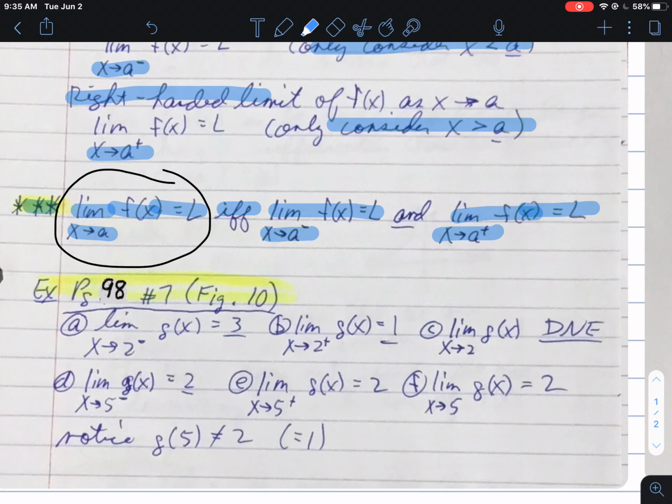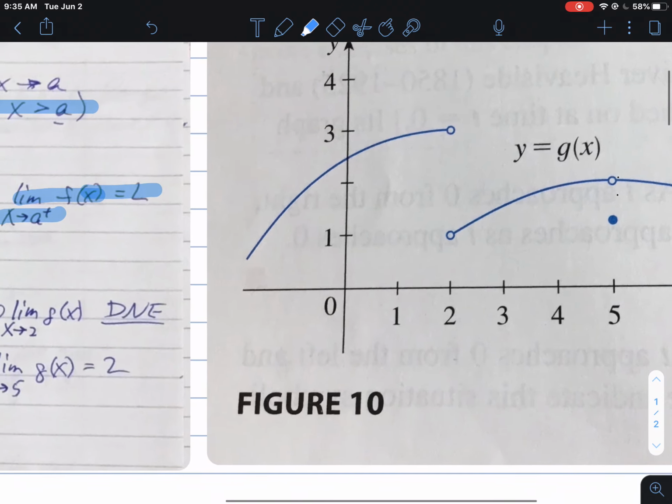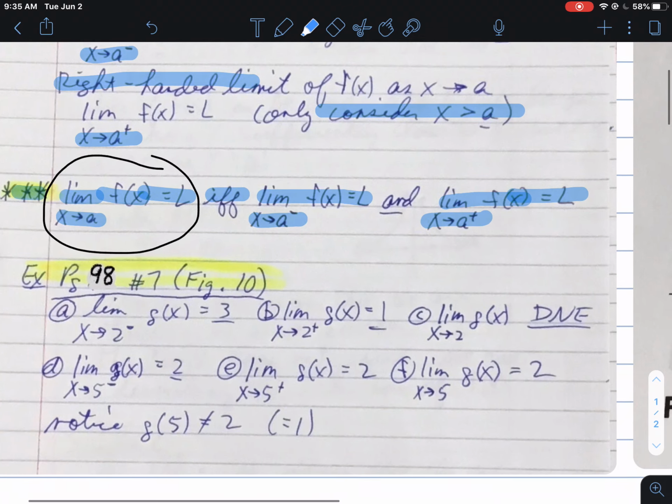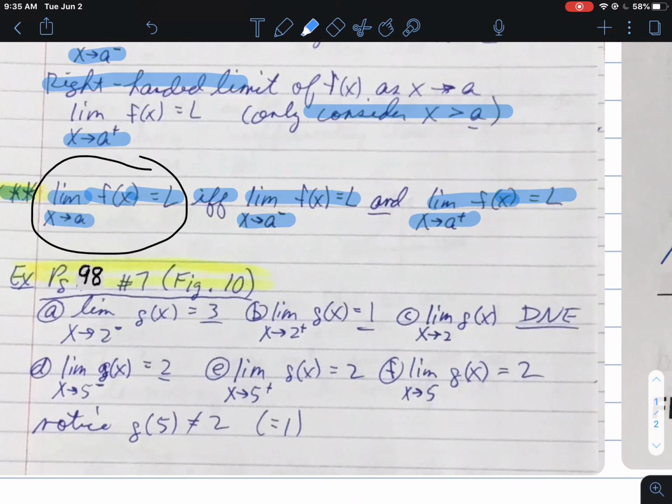But I also want to show you what happens graphically, because I think understanding the graphical nature of this goes a long way as well into understanding what we mean by the evaluation of a limit or the existence of a limit. So, I have the diagram here on the right. So I'm looking at graphically evaluating each of these limits.